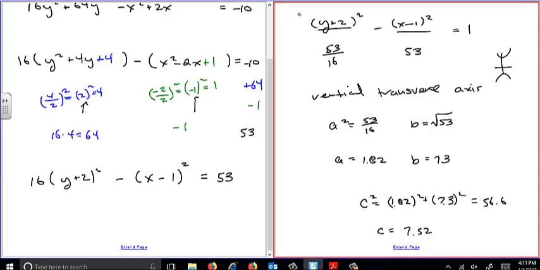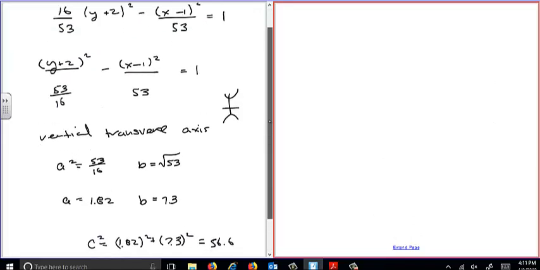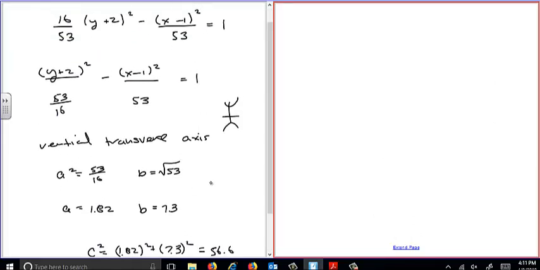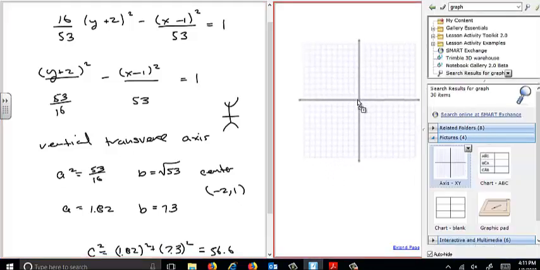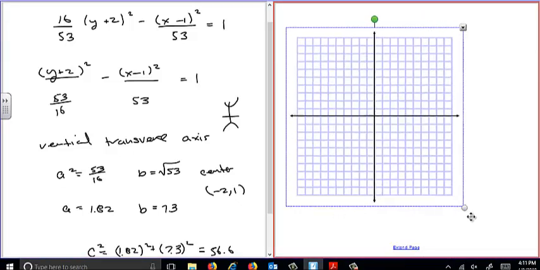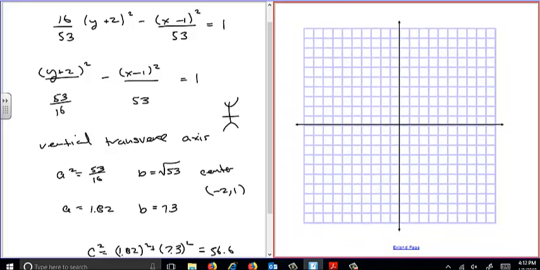Okay. And finally, we can explicitly say what the center is. I'll do it down here. The center is -2, 1 from here. Okay, so let's get a piece of graph paper. Plot the center, -2, 1.